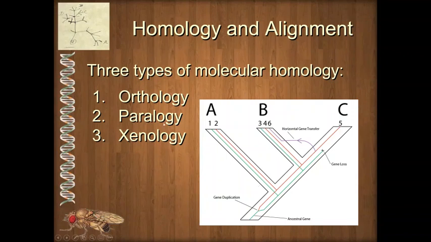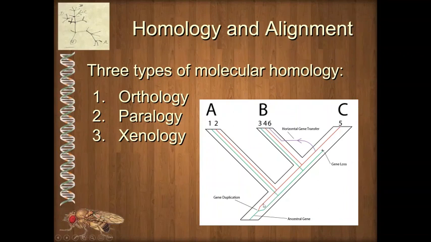Paralogy is homology also, but it's homology that can be traced back to a gene duplication event. So let's look at 1 and 2, or I could do 1 and 4, or any number of these. 1 and 5 would work also. But 1 and 2, we trace back at the speciation event, they're still separate. So there's the ancestor of gene 2, there's the ancestor of gene 1, and they're not connected, they're not coalesced into a single gene copy, they're still separate.